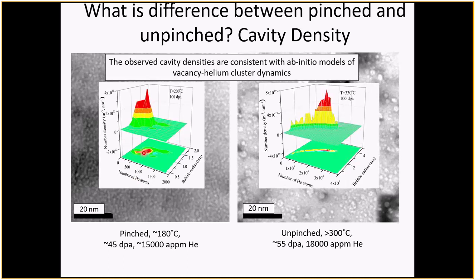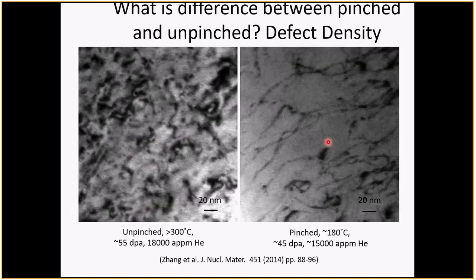You get the same kind of average size production of the helium cavities, bubbles they would call them, and then at high temperatures, this is what you get. And again, that's all good fodder for saying to the regulator, oh, we understand this because we can even model it. But there's some other interesting features.